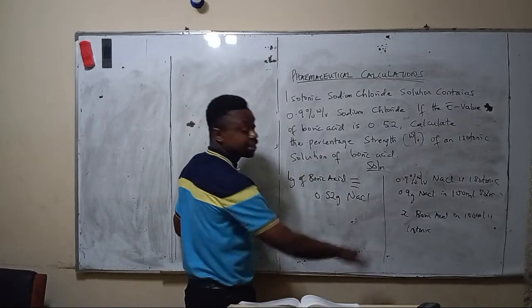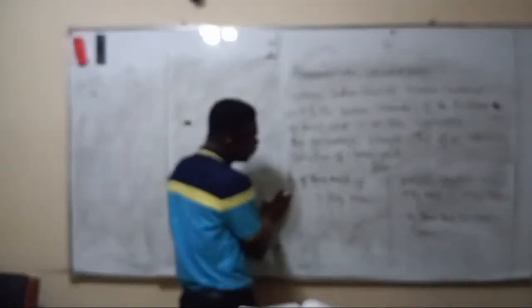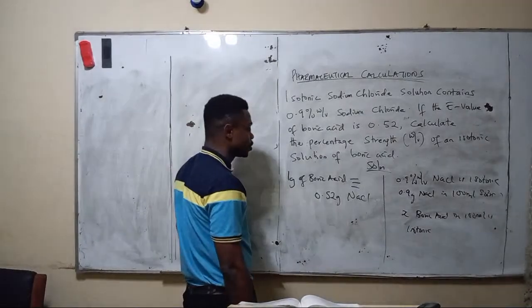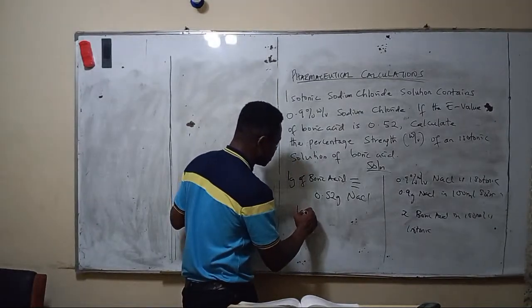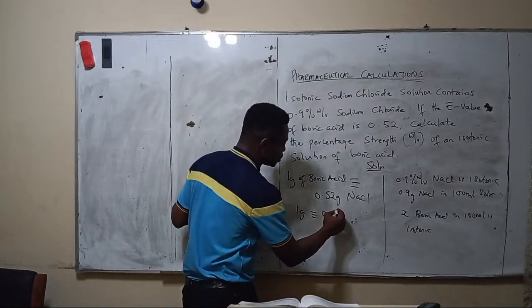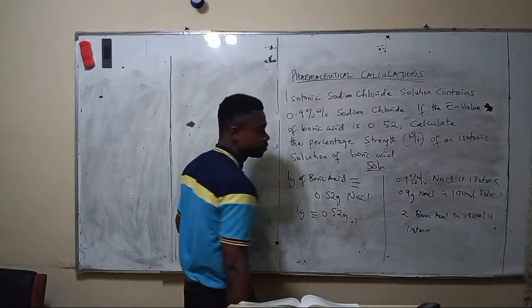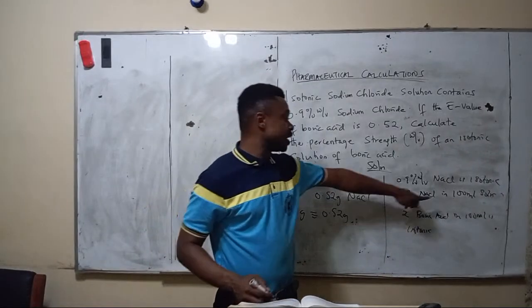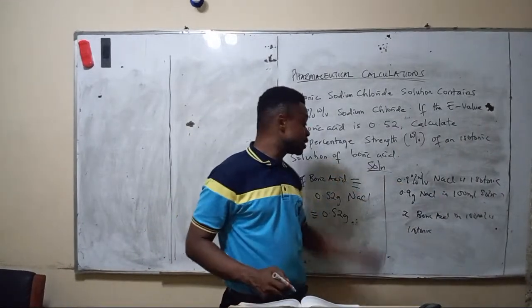Remember, all is in 100 ml. So take it mathematically, 1 gram is equivalent to 0.52 gram. But we know the weight of sodium chloride that will be isotonic in 100 ml, which is 0.9.